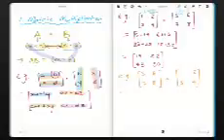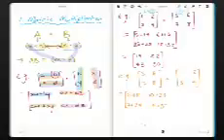matters. So in the same way, I'm going to go through 5 times 1, 5 plus 6 times 3, 18. 5 times 2 is 10, plus 6 times 4 is 24. 7 times 1 is 7, plus 8 times 3 is 24. 7 times 2 is 14, plus 8 times 4 is 32.